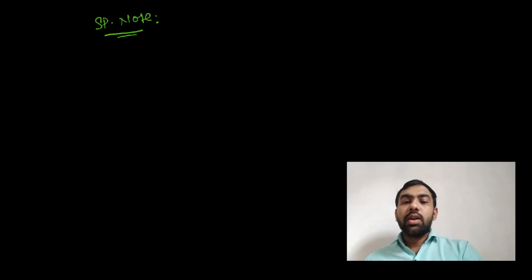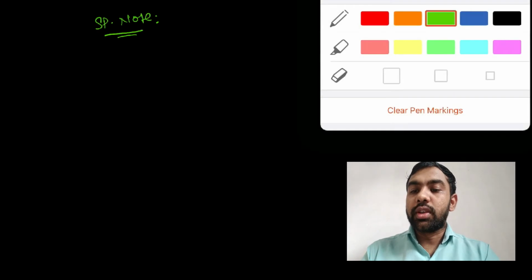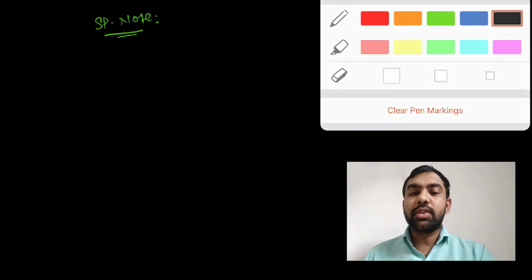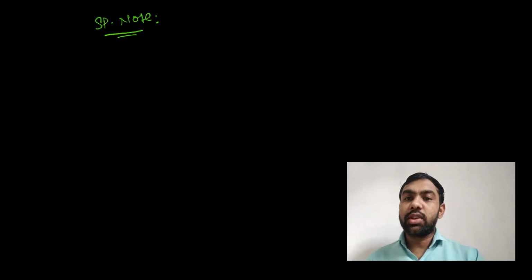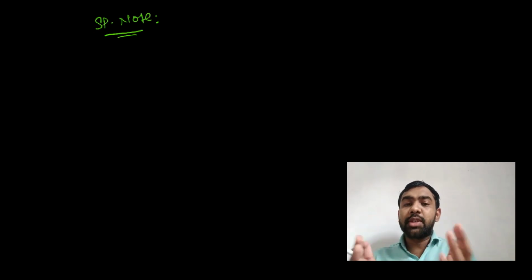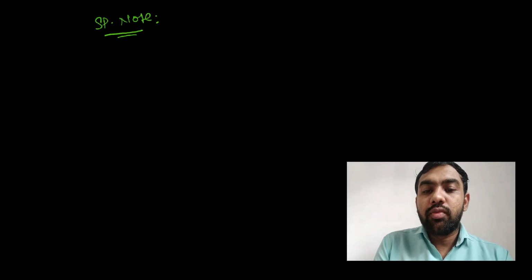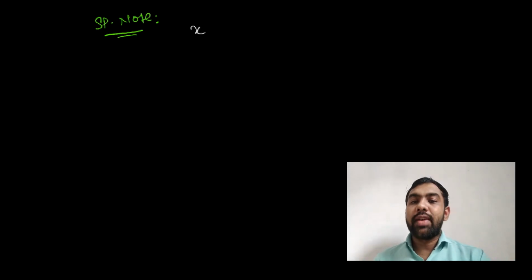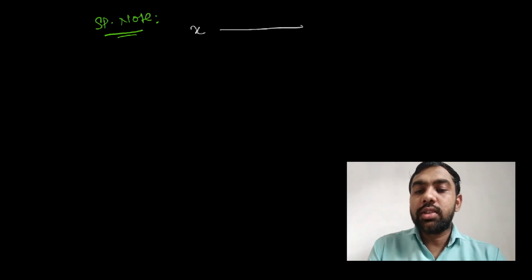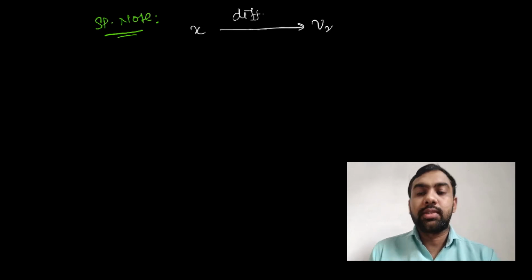Now some special notes. You consider this situation as we just discussed previously in one dimension motion. You just apply the whole concept of one dimension motion here, you get the whole answer. Okay, so first concept is what? Suppose you have x, then you take the differentiation of x, you get vx.